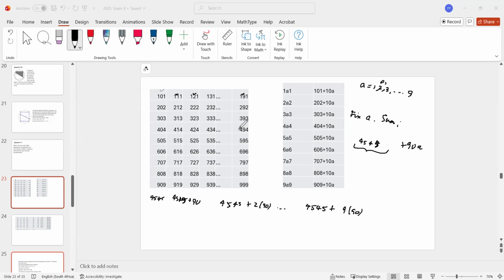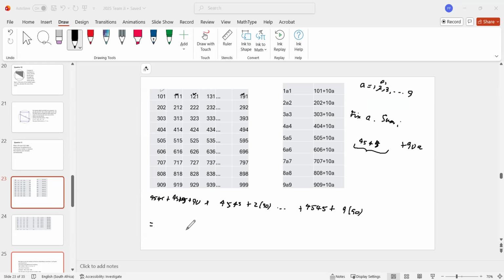Because the A is the middle number in each case. So the middle number is 9 in this last case. Now, how many numbers like this do you have? You have A running from 0, 1, 2, up to 9. So there are 10 values, 10 such sums, and you want to add up all these things.